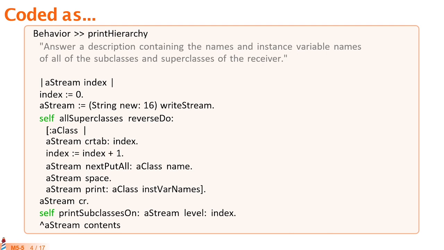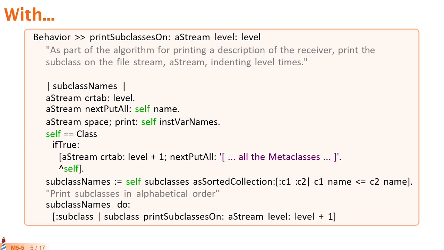We have printHierarchy in Behavior, which is the superclass of the class Metaobject. What it's doing is first iterating over all the superclasses and printing them, and then doing the same with the subclasses, in this case delegating to another method. If we look at printSubclassesOn:, it is implemented by doing a new tab in the printing, then putting the name of the class, and then printing the instance variables.